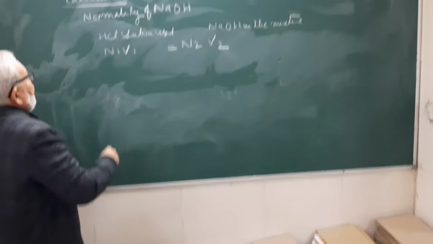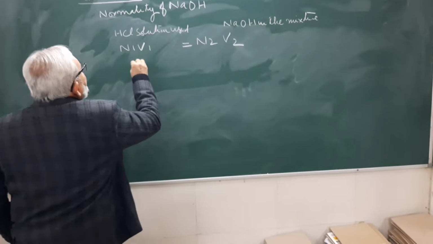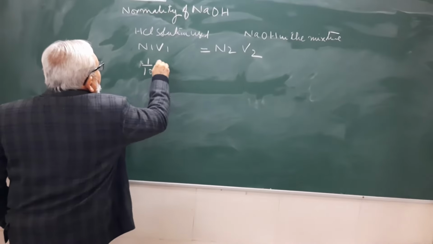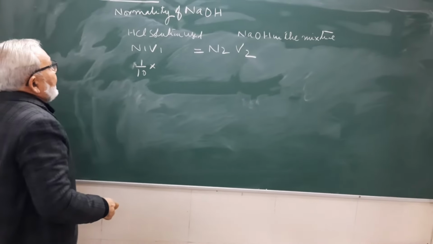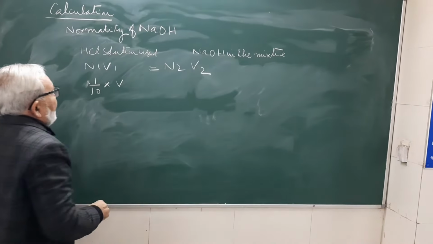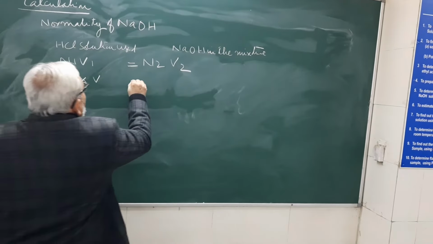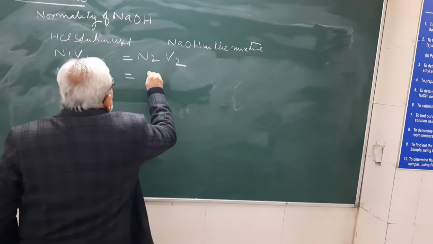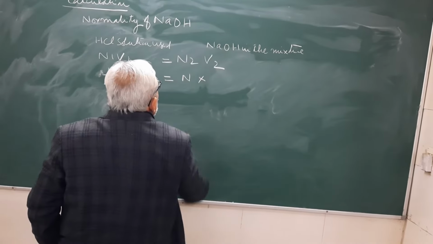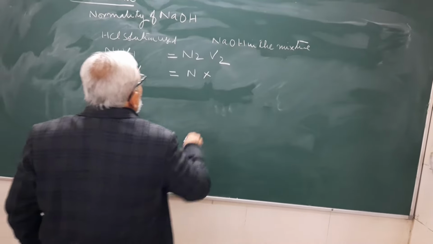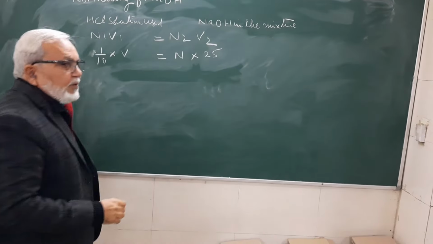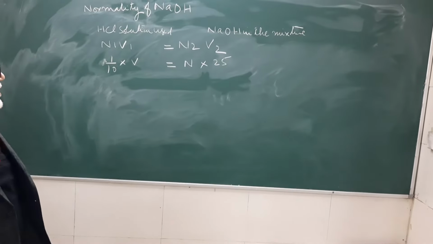N1 is N/10 or 1/10. Volume is, say, V volume has been considered. N2 is unknown. Let it be N. And volume V2 is 25 ml of the solution that was taken.